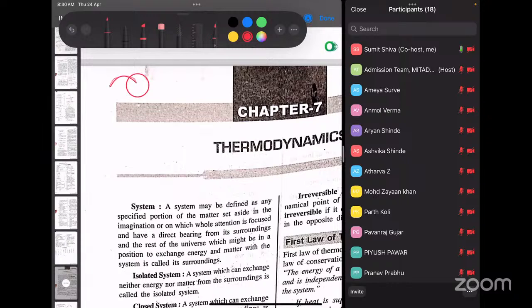Work done on the system will be positive. Work done by the system will be negative. Heat energy given to the system will be negative, and heat energy taken from the system will be positive.